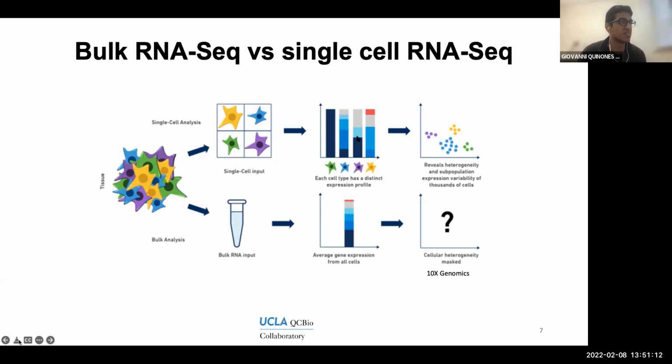And based on these differences, on these different profiles, we can reconstruct what the original cell population was in our tissue of origin. So one way we can quickly summarize this is that bulk RNA sequencing obscures cell-to-cell variability, and with single-cell RNA sequencing, the whole point is to obtain individual cell information and explore this variability across cells.